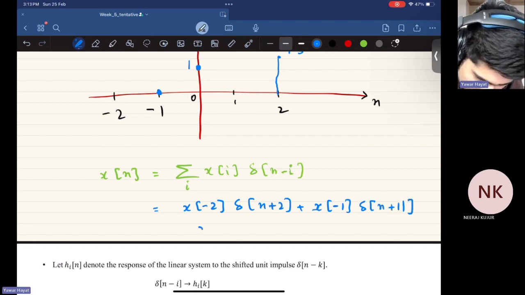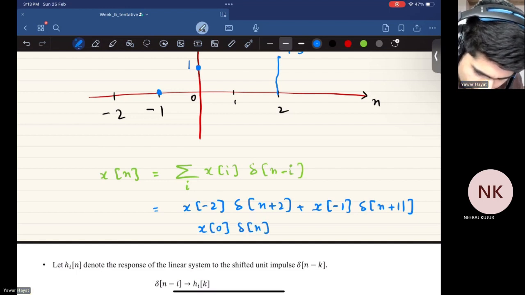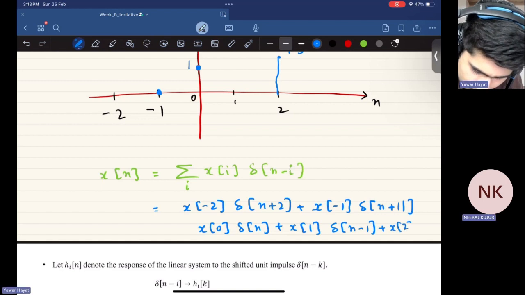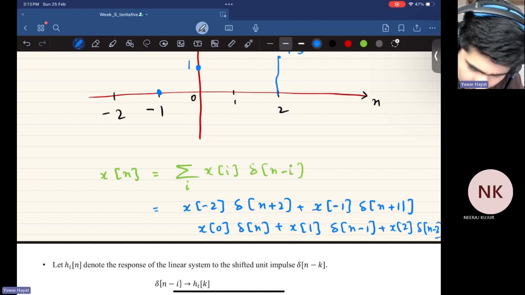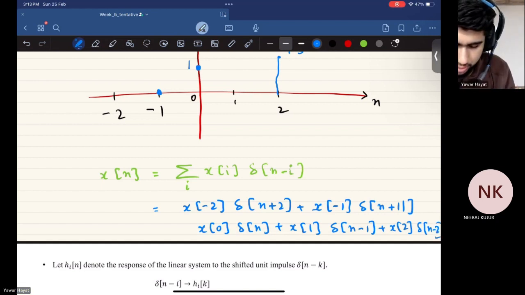Similarly, this would be x of 0 times delta of n plus x of 1 times delta of n minus 1 plus x of 2 times delta of n minus 2. Is this fine?